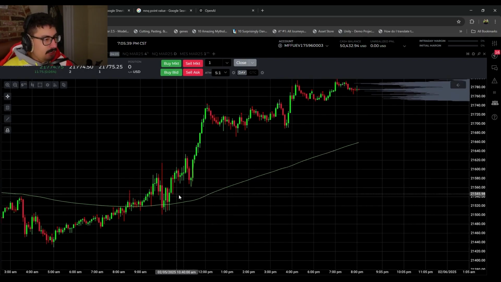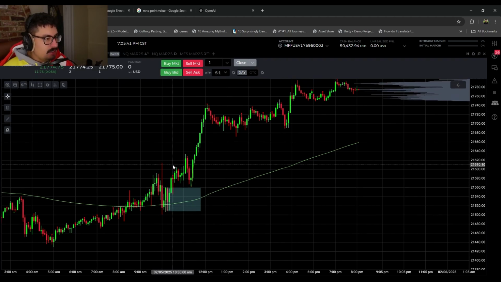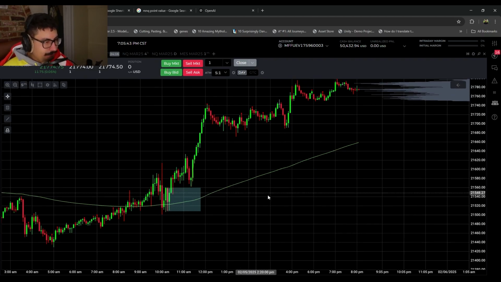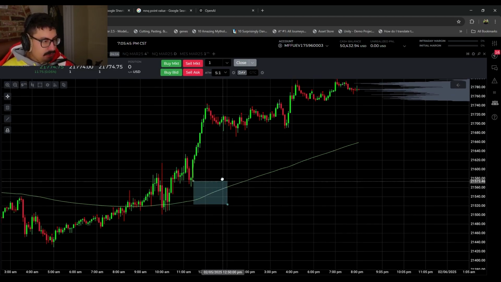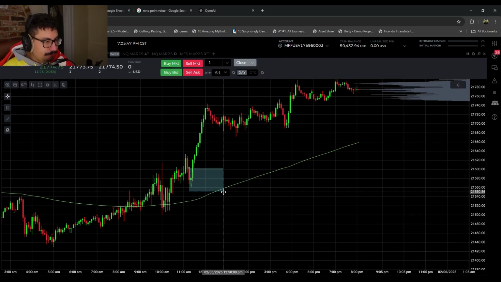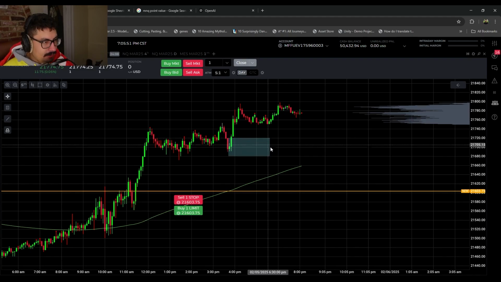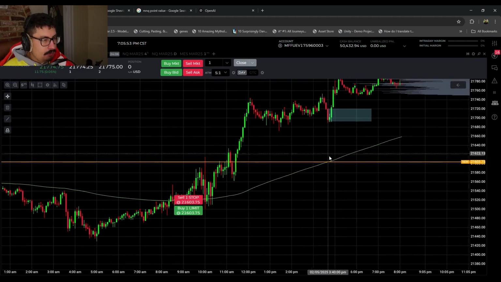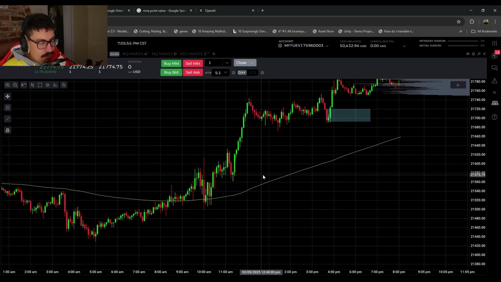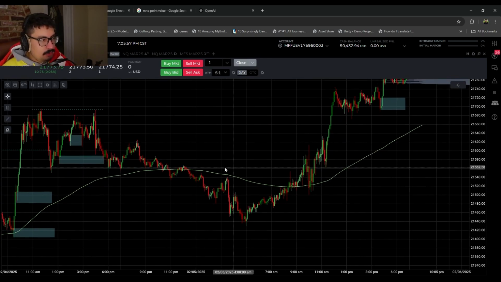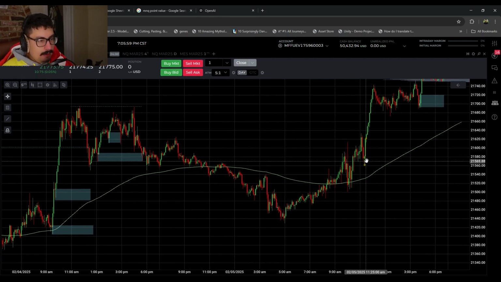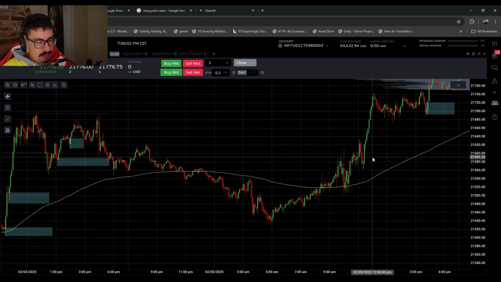I mean, you can't call this a good zone. This is consolidation that it breaks out of, but a bad zone. It doesn't really touch that. Doesn't touch that. Doesn't touch this. So we have a bias. That's the good news. The bad news is it's just too strong. Yesterday was the 4th.